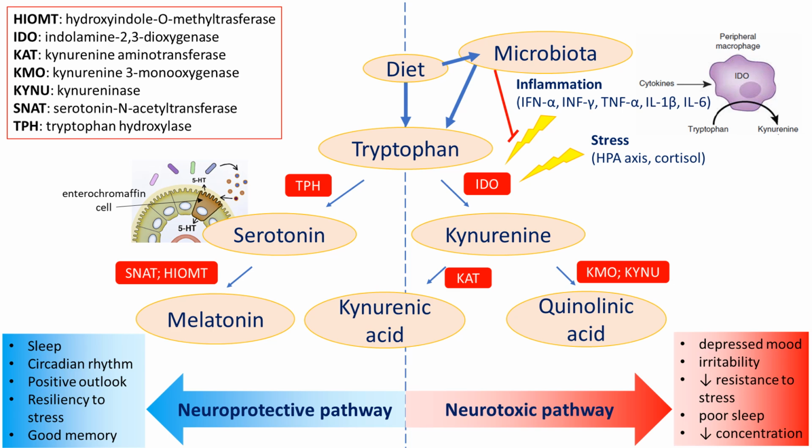Again, lipopolysaccharide drives inflammation and even increases this enzyme here to turn tryptophan into kynurenine. So as we have increased inflammation, most of the tryptophan will begin to go down this neurotoxic pathway. And as this pathway becomes preferential in this inflammatory environment, patients will tend to present with a depressed mood, more irritability, a decrease in resistance to stress, poor sleep, and poor concentration.